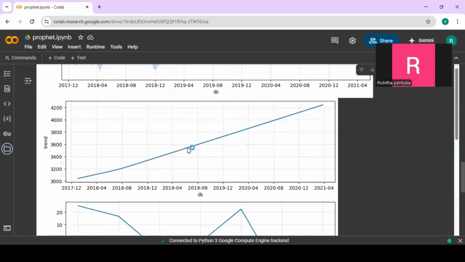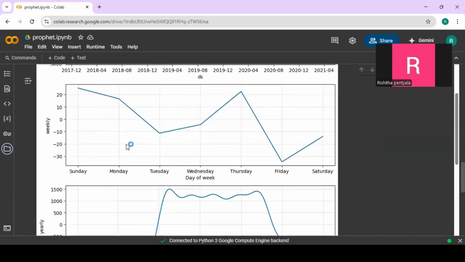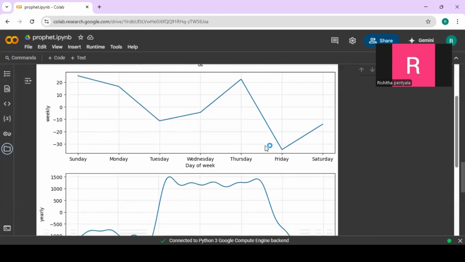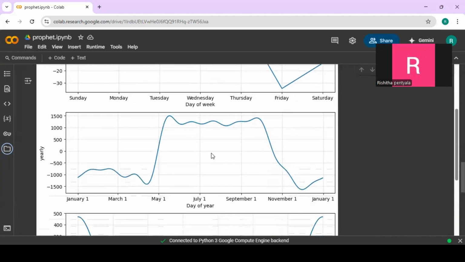Now, observing the trend, here we are observing the monthly trend, and it is showing an upward trend. And here, when we observe the weekly trend, it is showing that there's a dip on Tuesday and Friday, which indicates that this is contributing to lowering the predicted value.